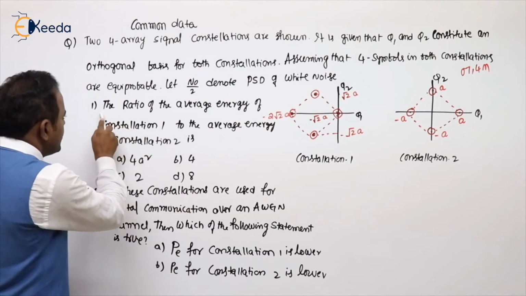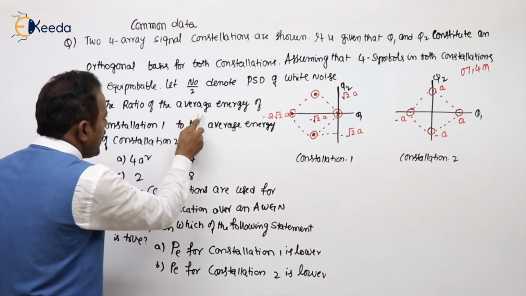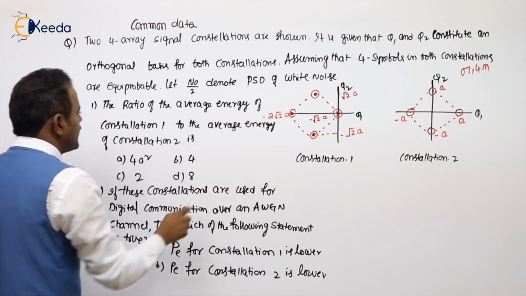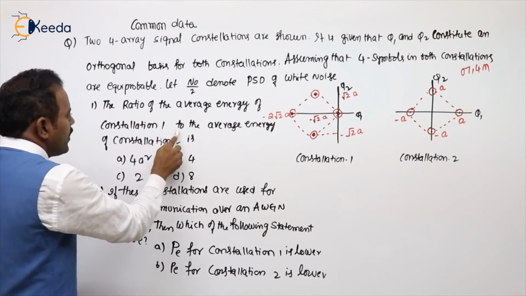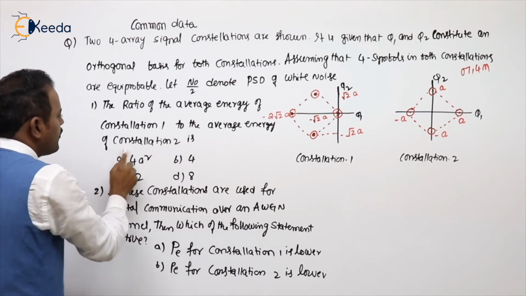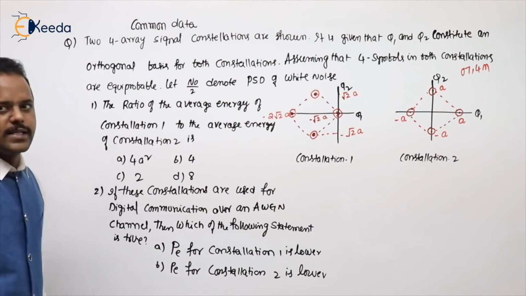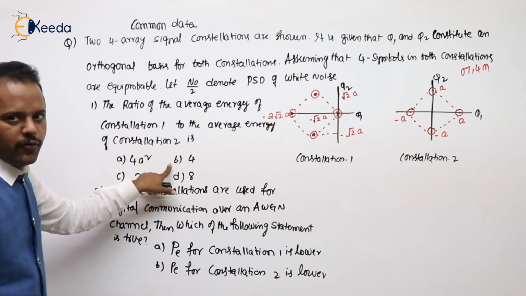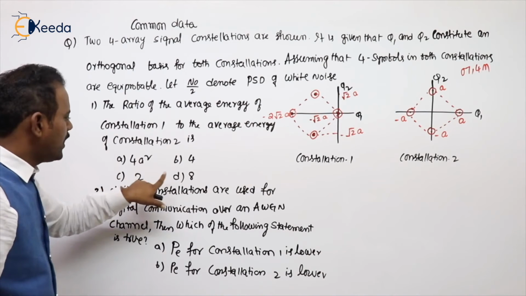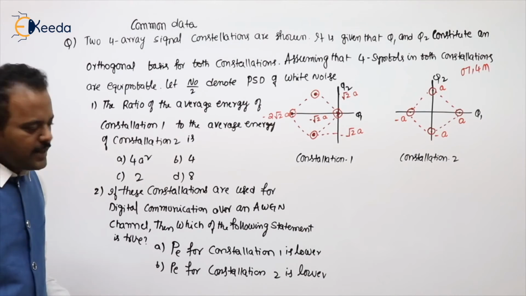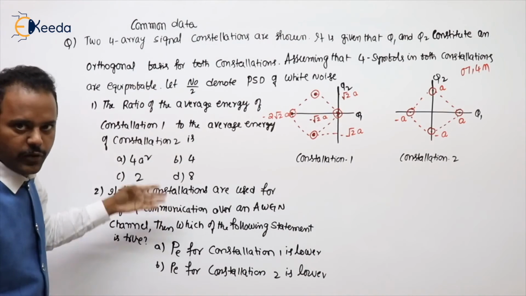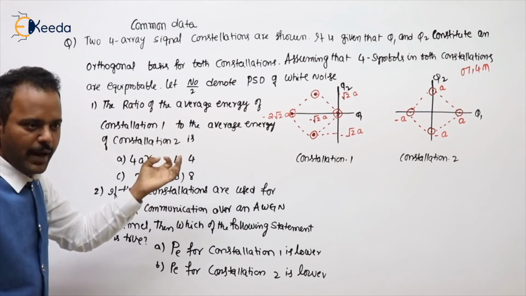First question, the ratio of the average energy of constellation 1 to the average energy of constellation 2 is: option A 4a square, option B 4, option C 2, option D 8. We know already how to calculate energy, I will get back.